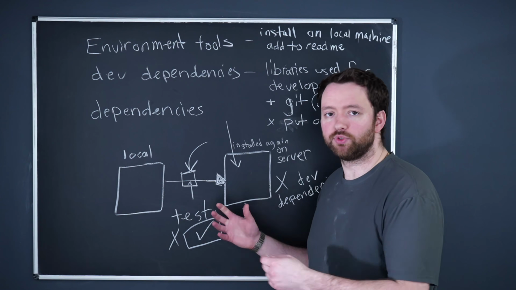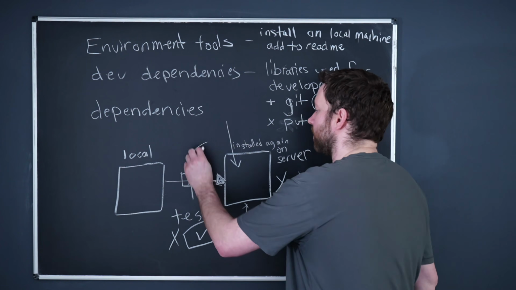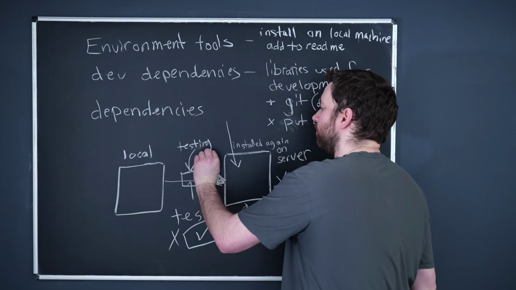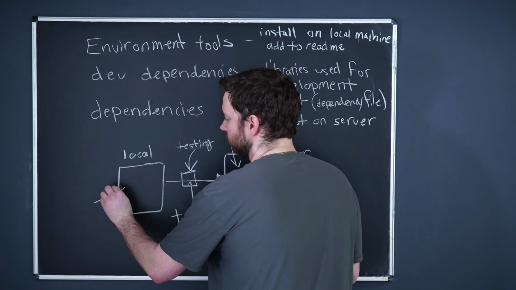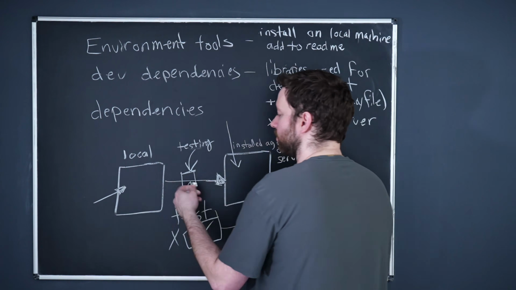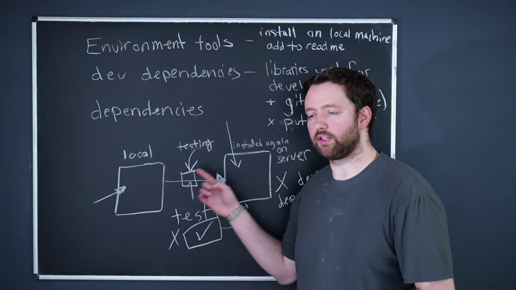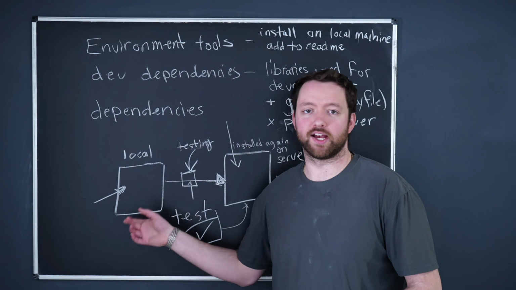This step should be only for running that deployed code. So testing will be separate. That is something you can do, but you don't necessarily have to have that step. You could just run the tests locally. This is one of those quality assurance things. By adding it, you can have a stronger guarantee that the deployed software works the way it should, because you might forget to run those tests locally.